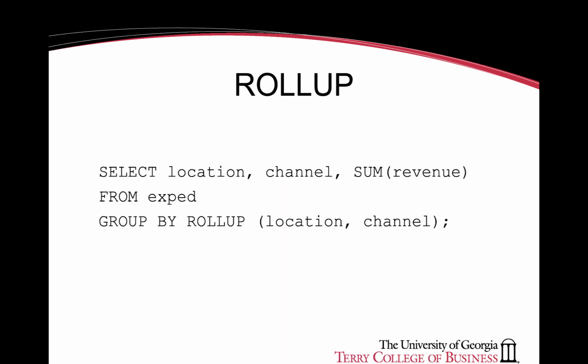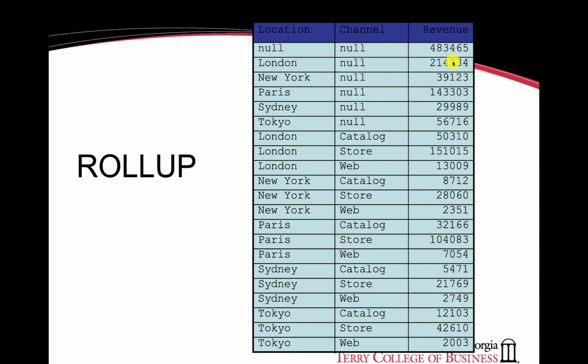When one wants to use rollup, in this case again, based on location, channel, and summing up the revenue, one gets location-based revenue, total revenue, and then location and channel-based revenue.